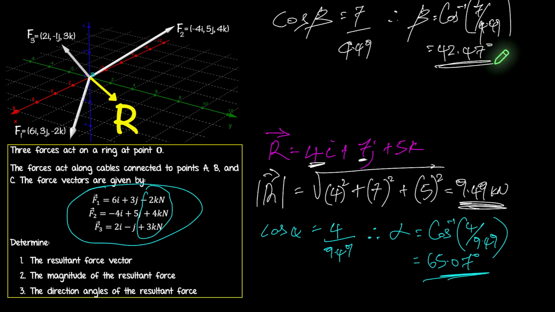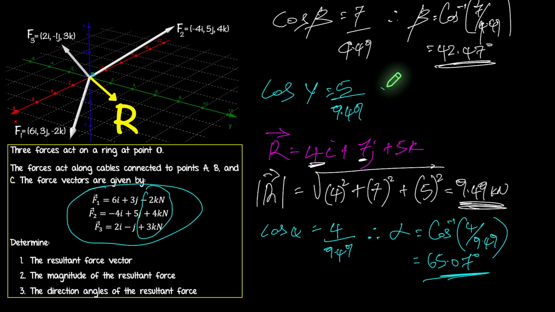And then for the z component, we have cos gamma, and the component for the z here is 5. So once again 5 over 9.49, which is what we got for the magnitude of the resultant.